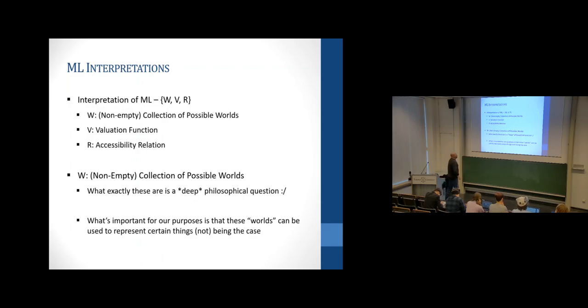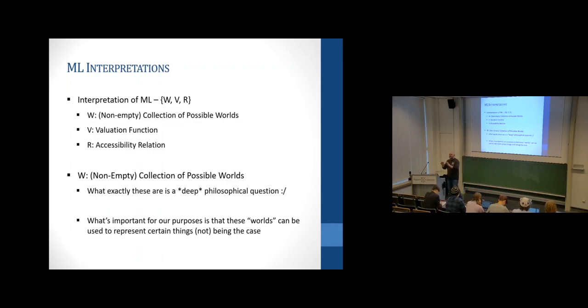So an interpretation of ML is a 3-element set. This is just being very formal, we'll give the informal gloss. It has 3 parts. It's got W, which is going to be a collection of worlds. It's got V, which is a valuation function. And it's got R, which is our accessibility relation.